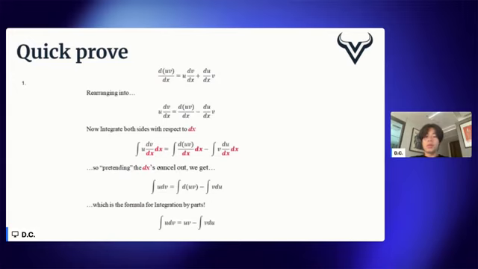Then we take the integral on both sides, with respect to x. We get the integral of u dv equals the integral of d(uv) minus the integral of v du. The derivative and the integral cancel out, it becomes uv, and that's how it comes about.